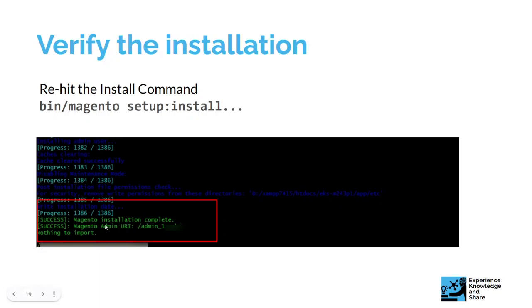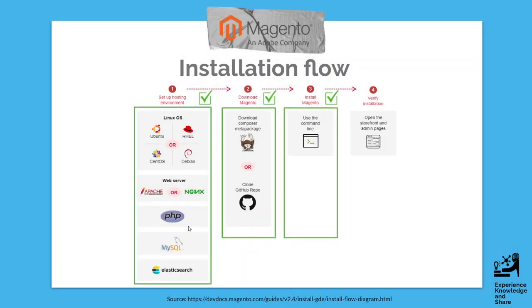And as in my command I did not use the backend URL, it dynamically generated the admin URL, like slash admin followed by a random parameter. So that way we can see that our installation process is done.